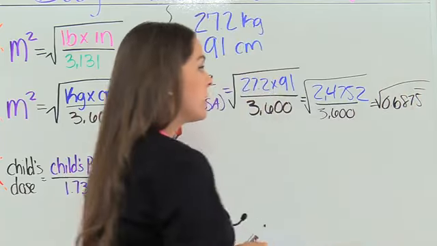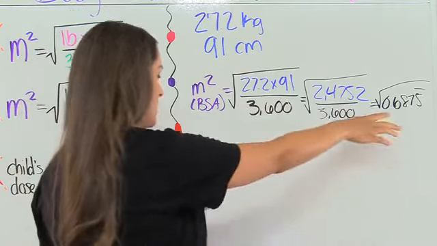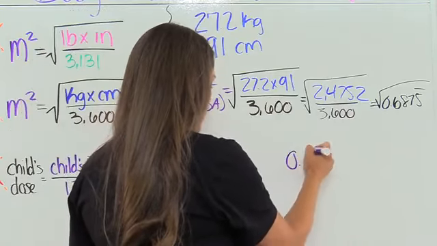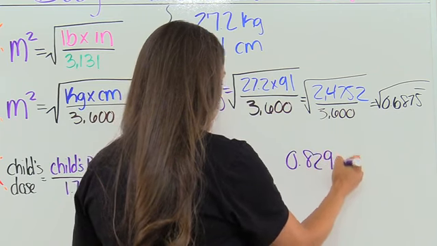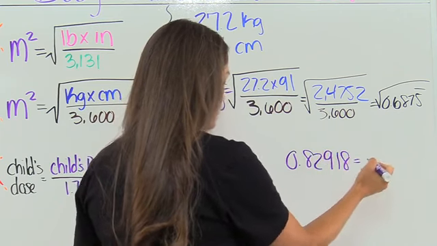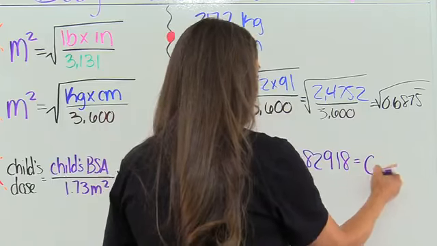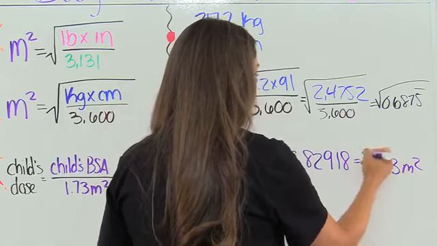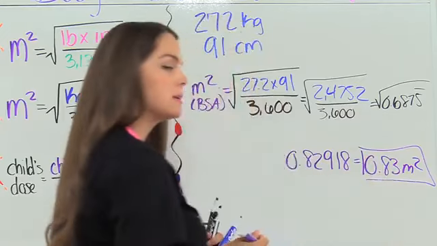Now we need to figure out the square root of that. So the square root of that number is 0.82918, and we're going to round to the nearest hundredth, and that gives us 0.83 square meters, and that is the patient's body surface area.